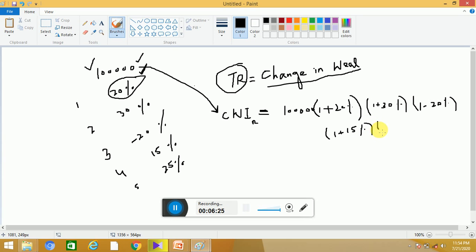And then 1 plus 25%. When you calculate all these values, you will get the wealth index after 5 years, meaning how much this money becomes after 5 years.